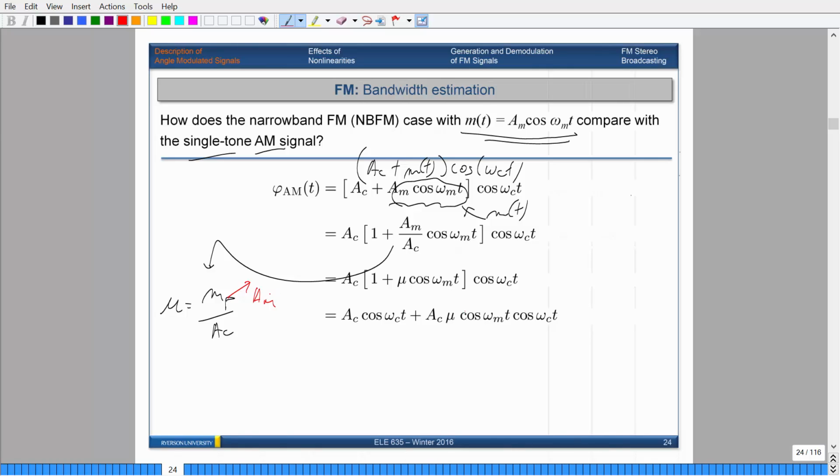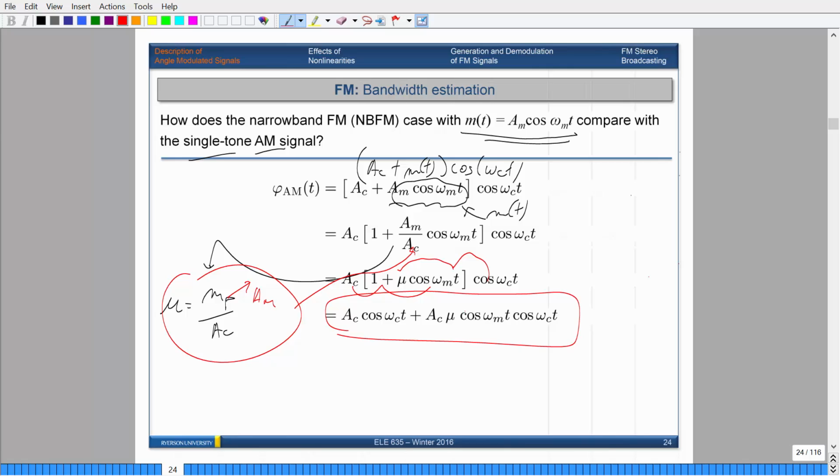If you do this substitution, you'll just replace this with mu, that modulation index from here. Then you can expand this out and you get this expression in the end. If you compare this with the frequency modulated signal for the narrowband case, you'll see that there are some similarities.